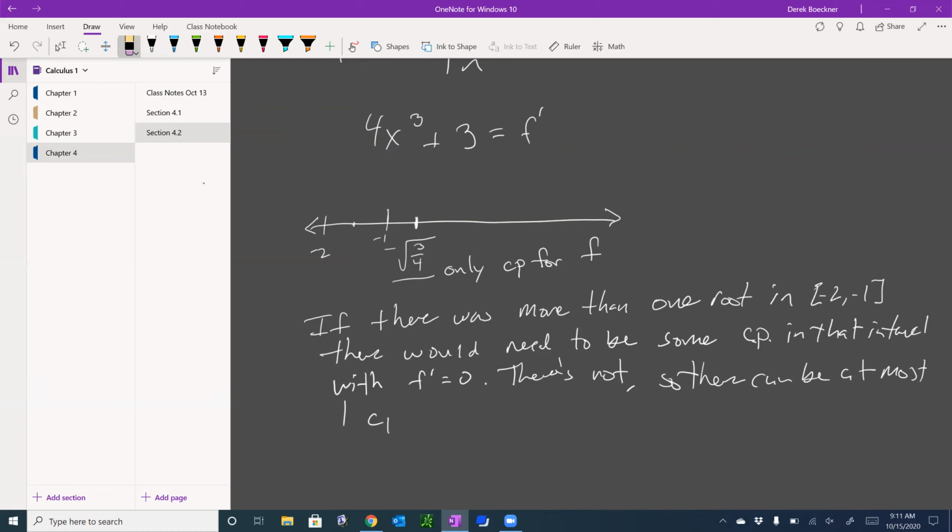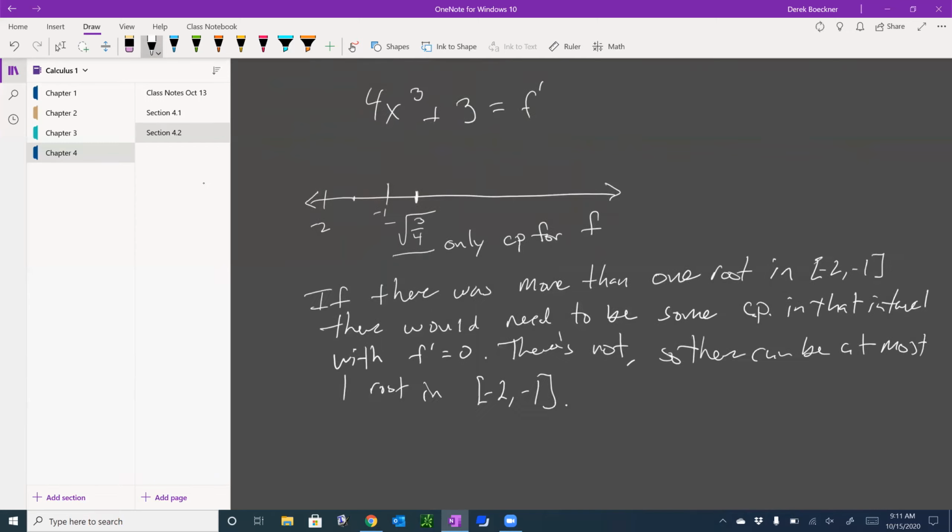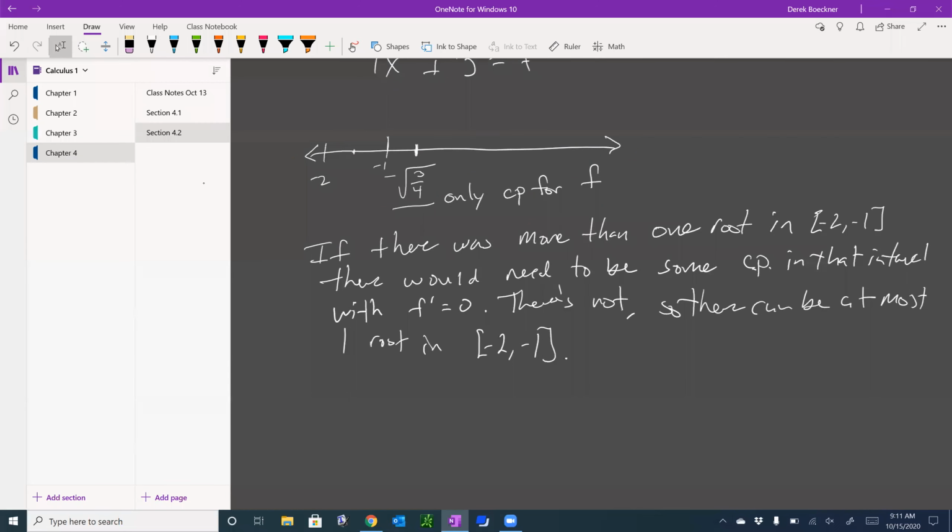One root. How do I know there's at least one? Have we shown that there are roots in an interval before?